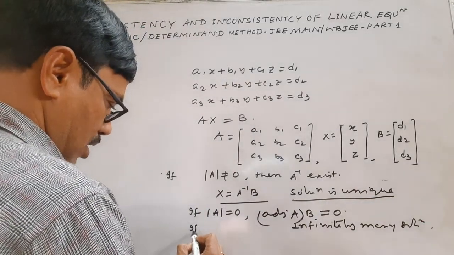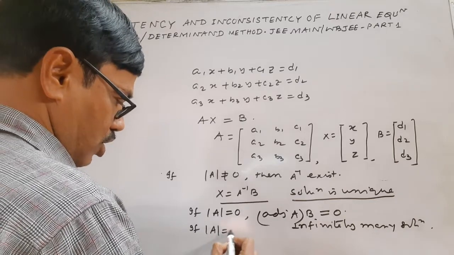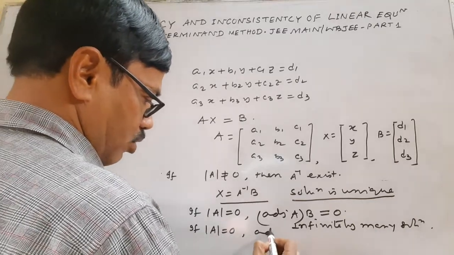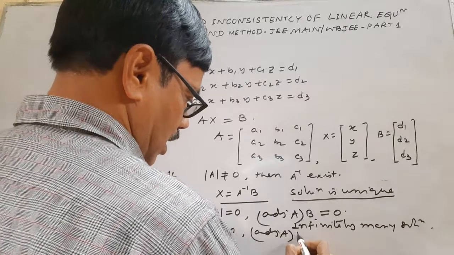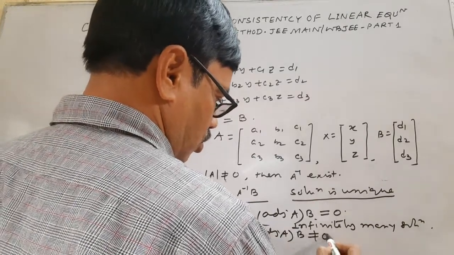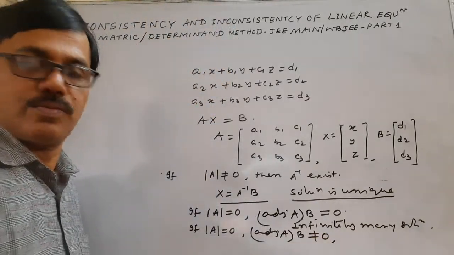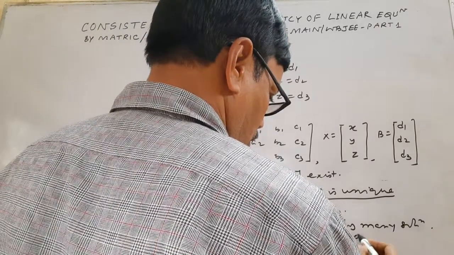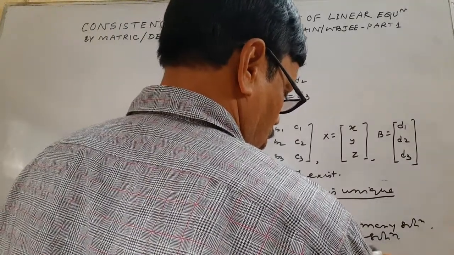If determinant A equals 0 and adjoint of A into B is not equal to 0, then no solution.